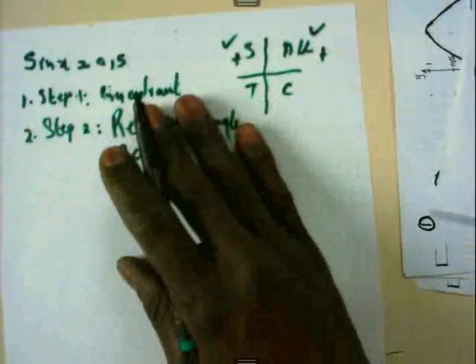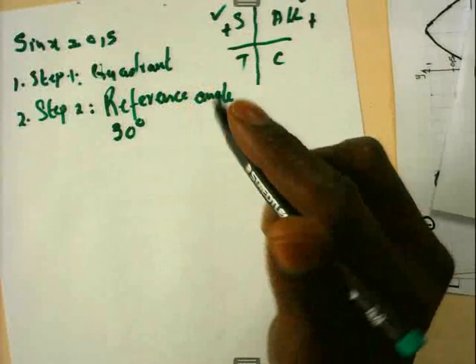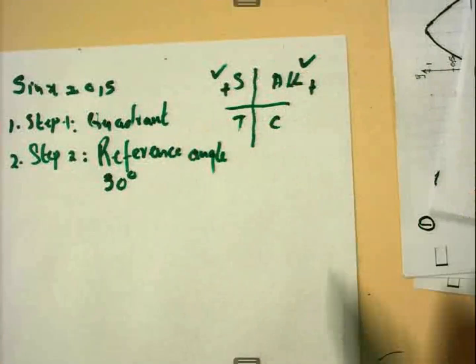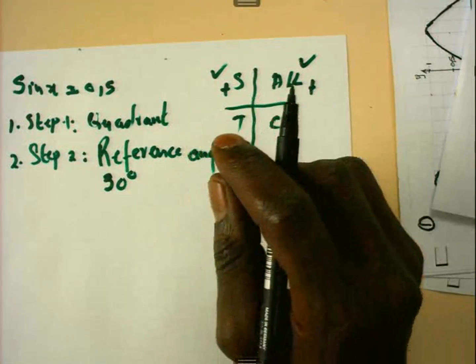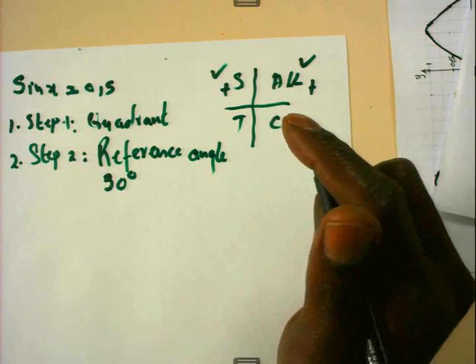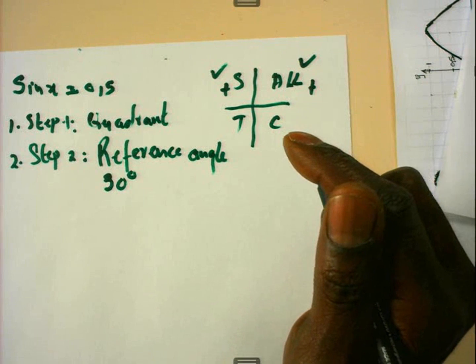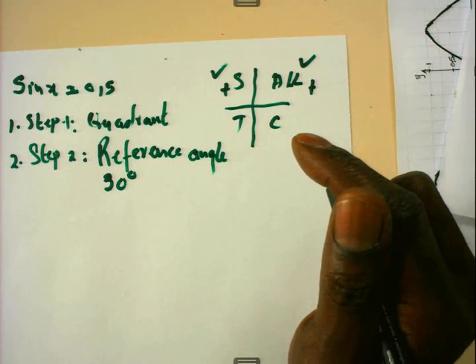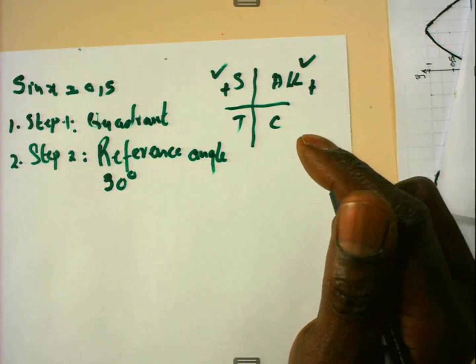Now, is this the solution for the problem? The answer is yes. The reference angle may be the solution in some instances. It may not be the solution in some other instances. As we go along, you'll see what I mean.